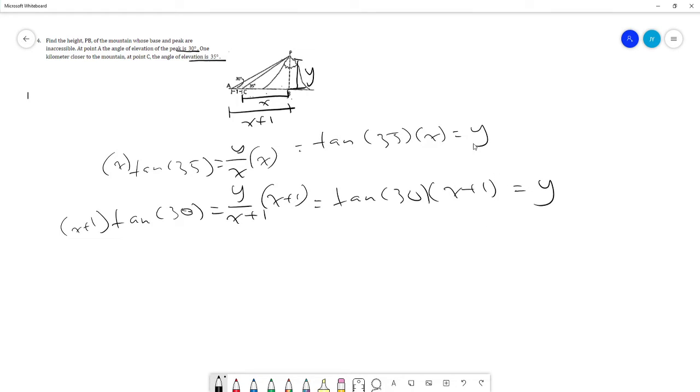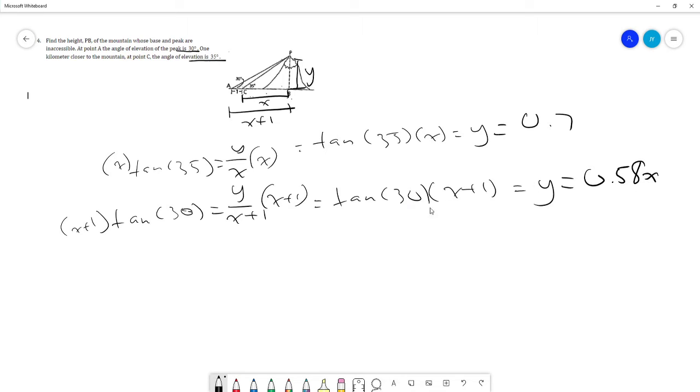Alright, so now we can simplify this out further. So tan 35, we can put that into our calculator. We get y is equal to 0.7x. And the second one, tan 30, is going to be 0.58.